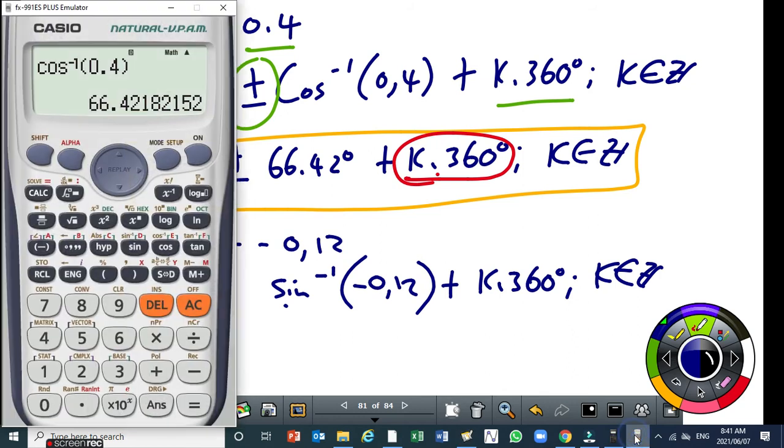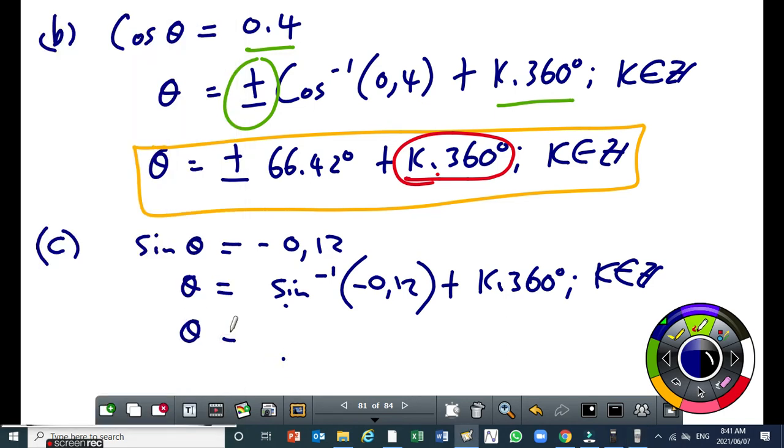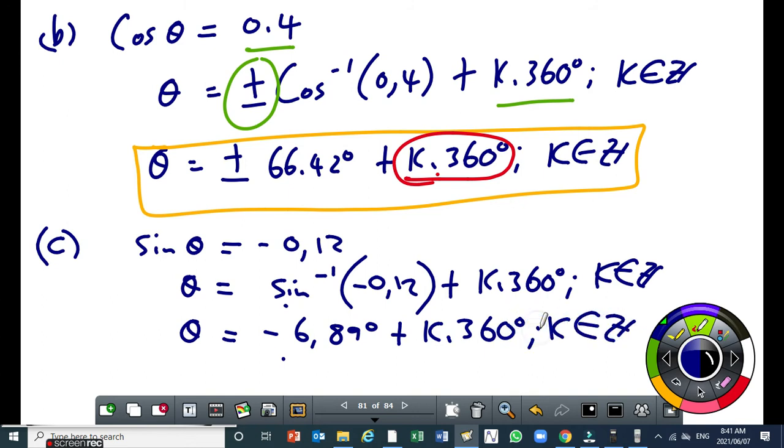So if I bring my calculator, it will be shift sine of minus 0.12. So you get negative 6.89. So theta equals negative 6.89 degrees plus k times 360 degrees, where k is an integer.